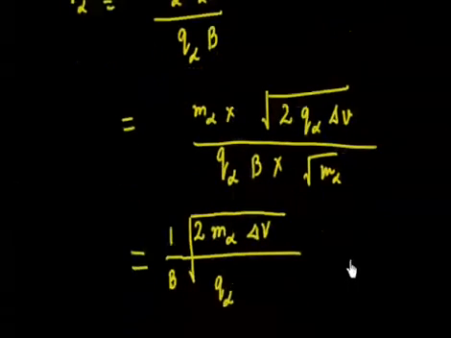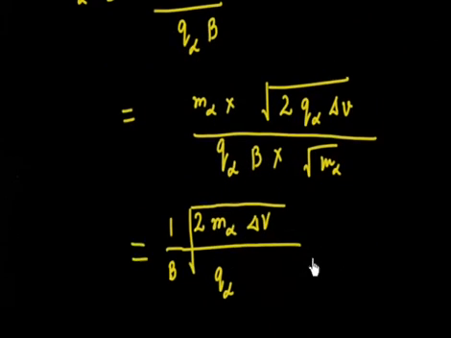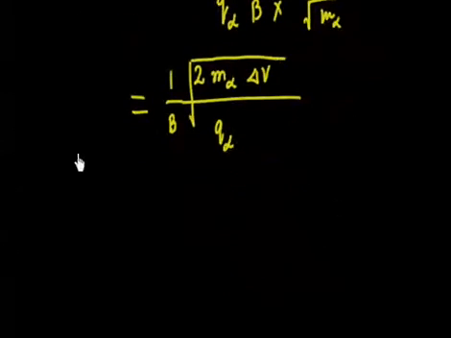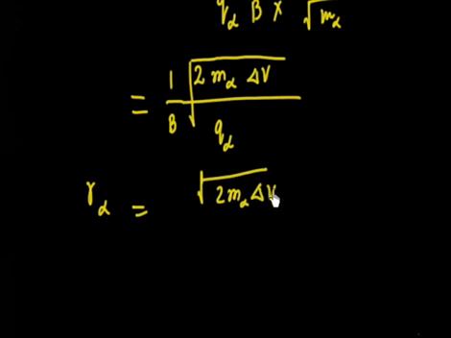I simply cancel this m alpha. So you will have square root of m alpha on top, and q alpha goes to the bottom under the root. So the radius of the alpha particle is given by the square root of 2 m alpha delta V divided by B times the square root of q alpha.